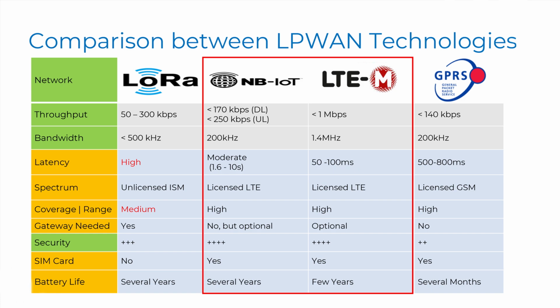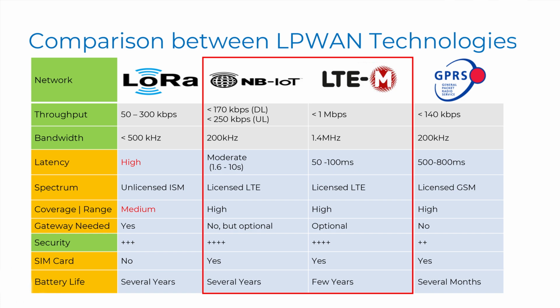And when it comes to the spectrum, LoRa, as I told you, uses the unlicensed spectrum, while NB-IoT, LTE-M and GPRS all use the licensed spectrum. And for coverage range, while LoRa devices can provide medium coverage, NB-IoT, LTE-M and GPRS networks can provide better coverage than this one.